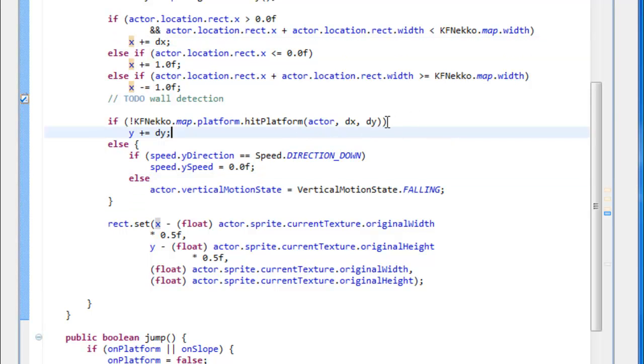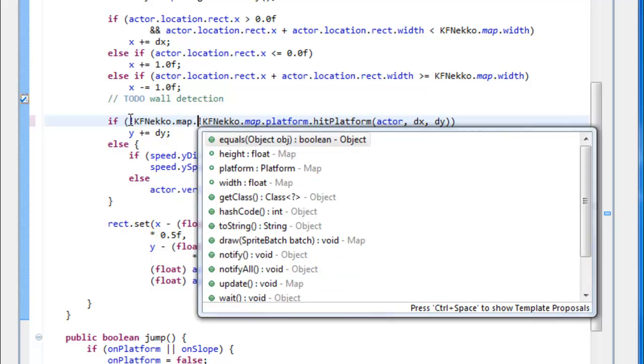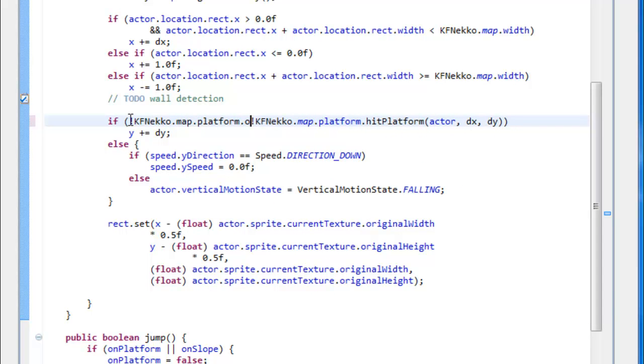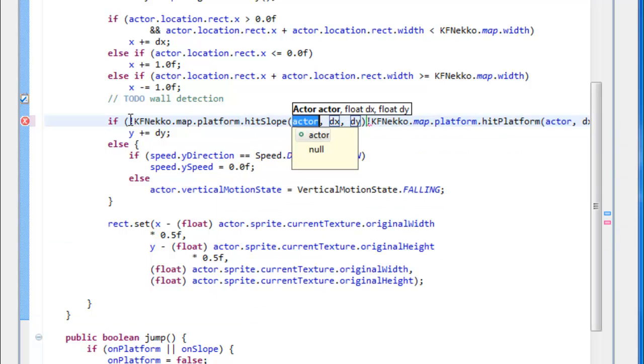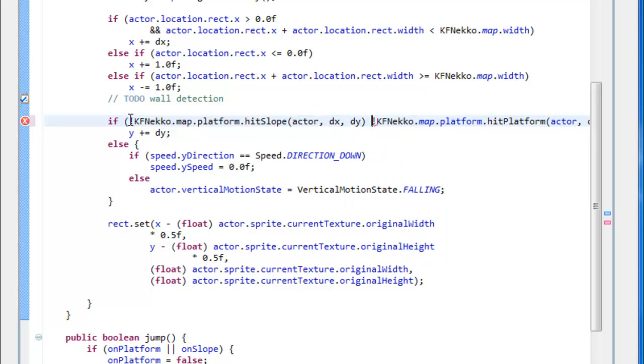So this is where it gets tricky, and this is very important that we first detect if we hit a slope, right? And then we need this end over here.